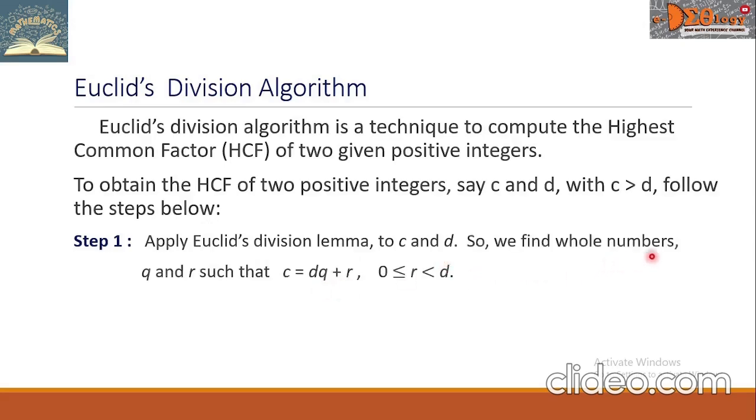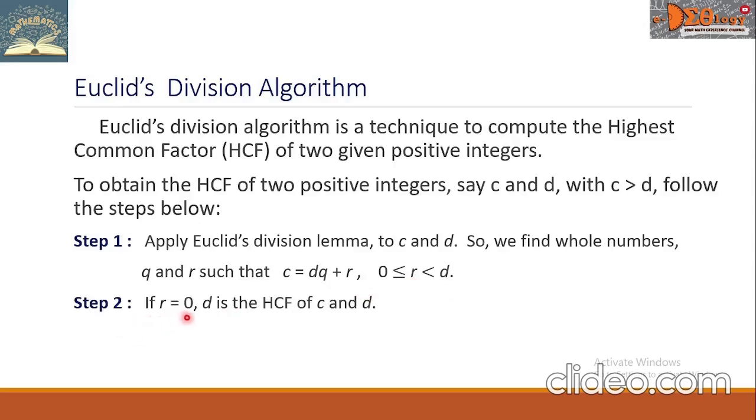So we find whole numbers Q and R such that C equals DQ plus R. R here is more than or equal to 0 but less than D. Step 2.